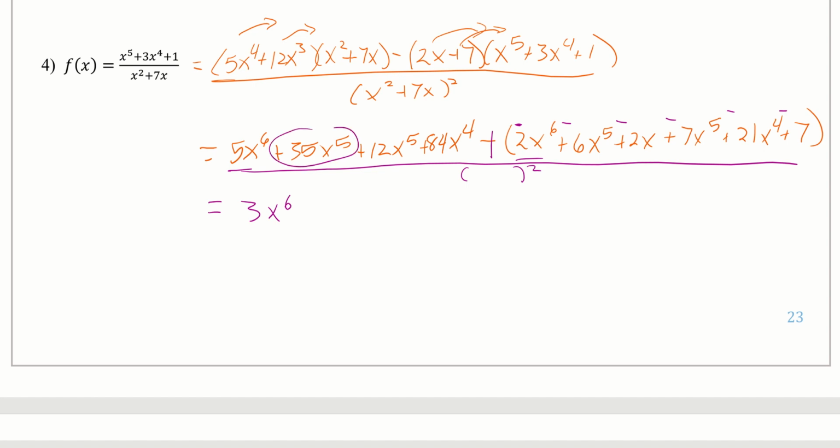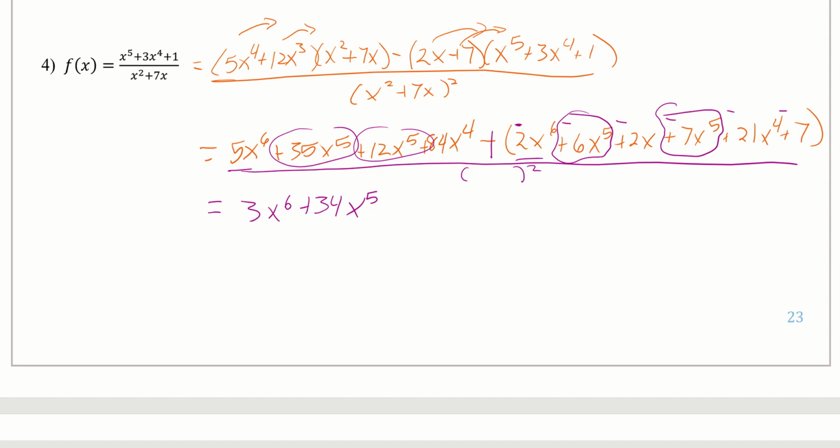So x to the 5th, x to the 5th, x to the 5th, x to the 5th. And that's it. So 35 plus 12 would be 47 minus 6, so 41 minus 7 would be 34. Okay, so plus 34x to the 5th.